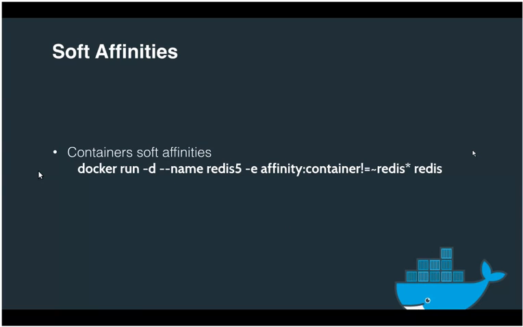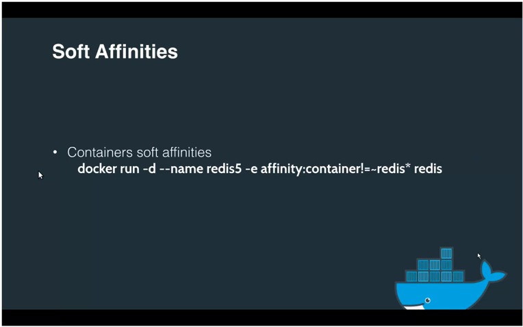New in Swarm 0.2 is soft affinities. So you can basically tell, try to apply the affinity. So try to not run my container next to another Redis container. But if you don't find any machine that is available and that doesn't have a Redis container, then do whatever you want and use the default strategy.